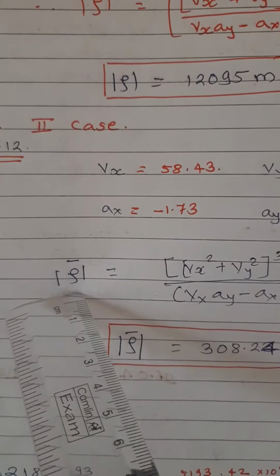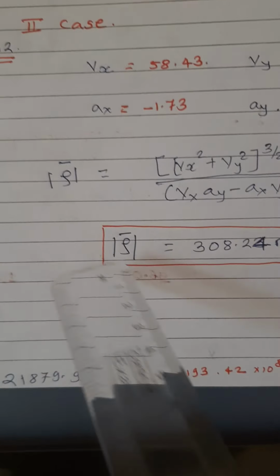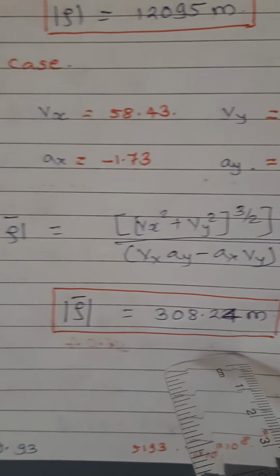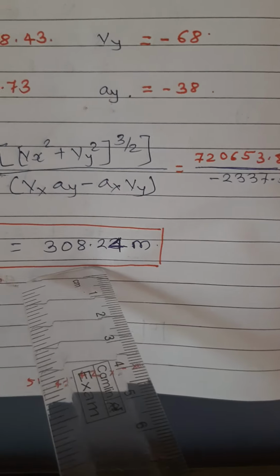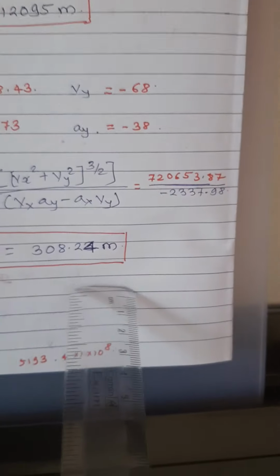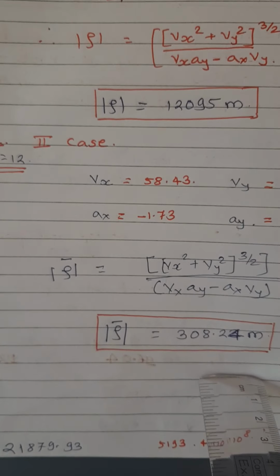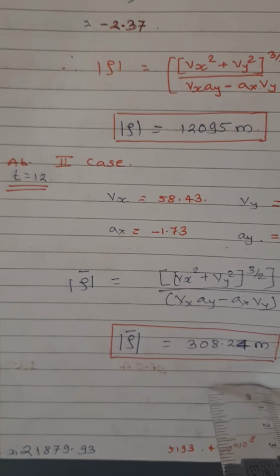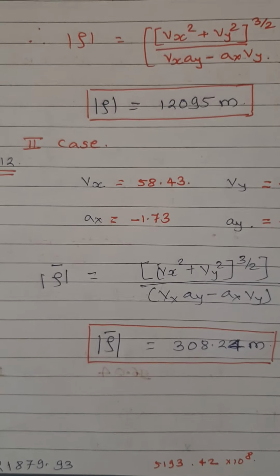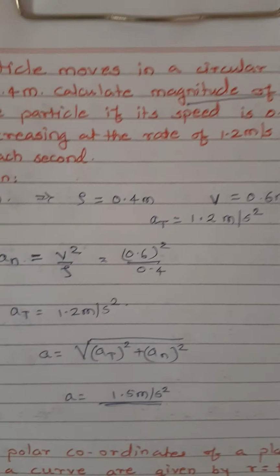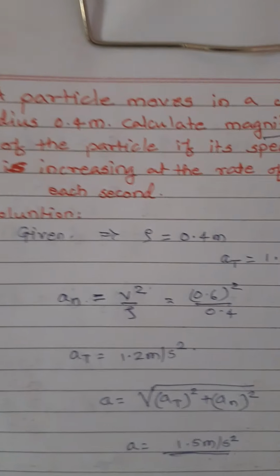Substitute them in the formula for rho and we will get rho equal to 308.24 meters. So in this way we can obtain the values for the radius of curvature from the given equations. So here we will move on to the next problem, friends.